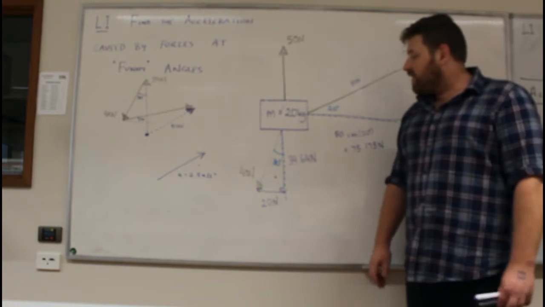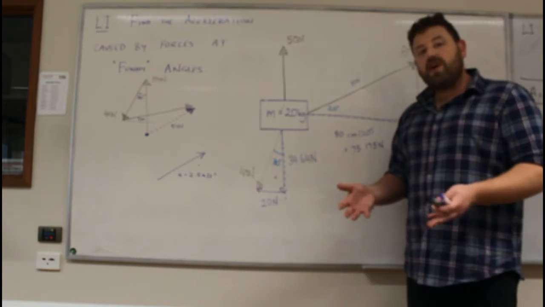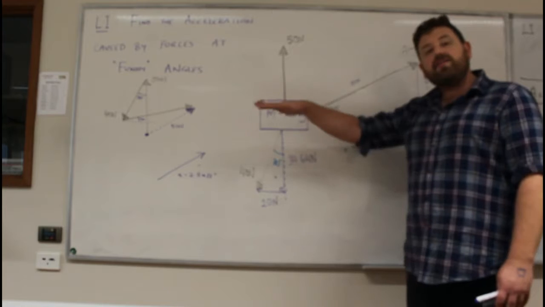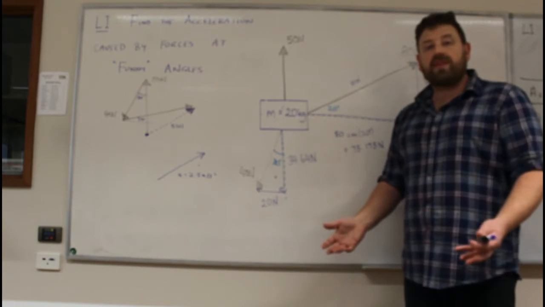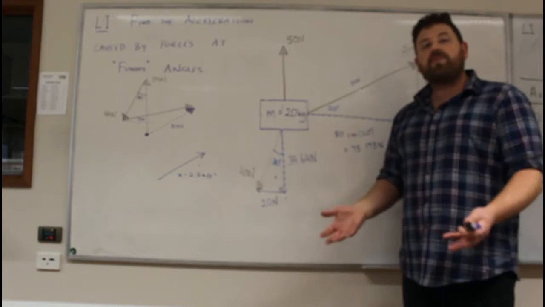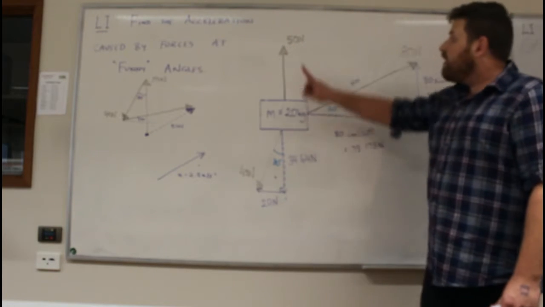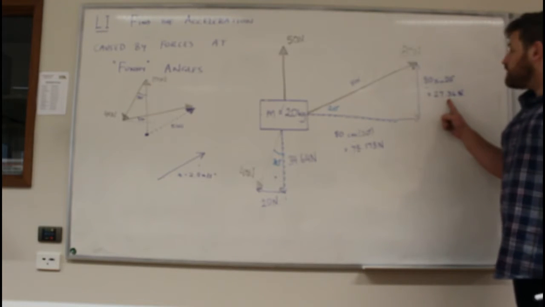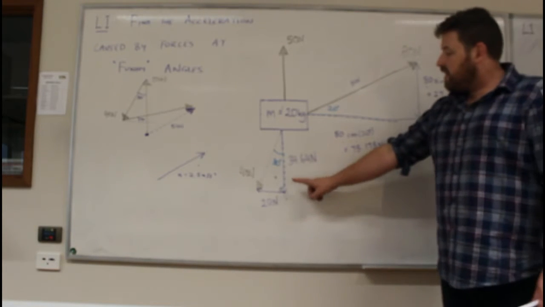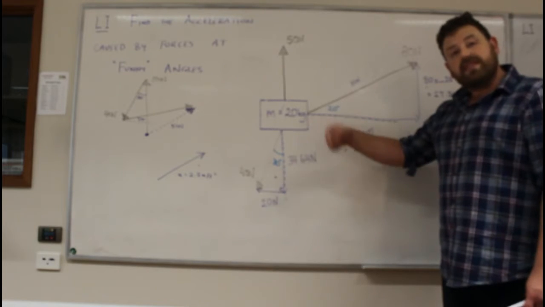Now that we've got all of our forces resolved into our nice left, right, up, down directions, we can add them up like we would normally. What are all the upward and downward forces in the problem? We have 50 newtons up, 27.36 newtons up, and 34.64 newtons down.